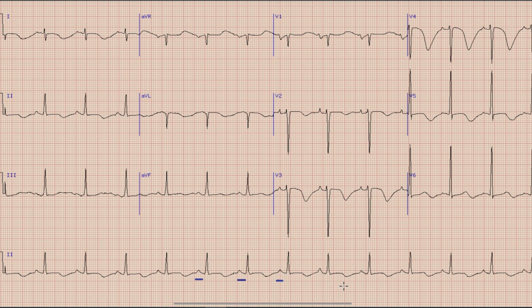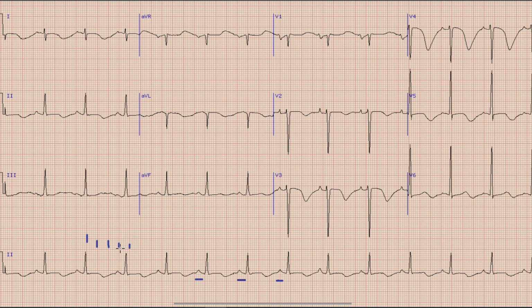After the rhythm, the next thing is calculation of heart rate. For heart rate, as you know, we use the rule of 300. We select a QRS complex which is present on a broad vertical line, and between this QRS complex and the next QRS complex we calculate the large boxes as 300, 150, 100 and 75.